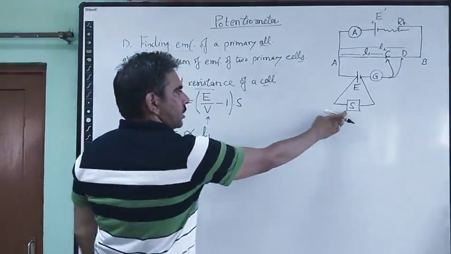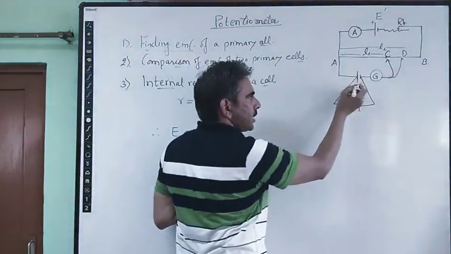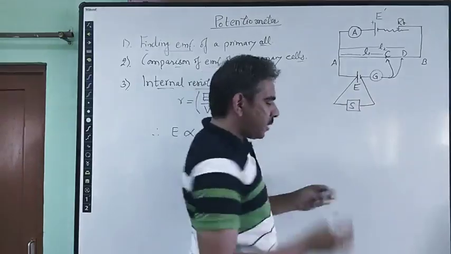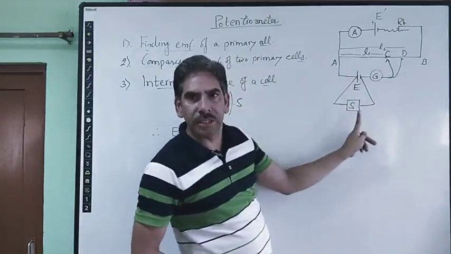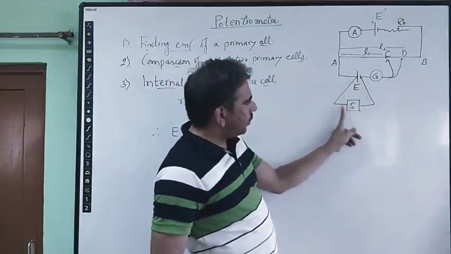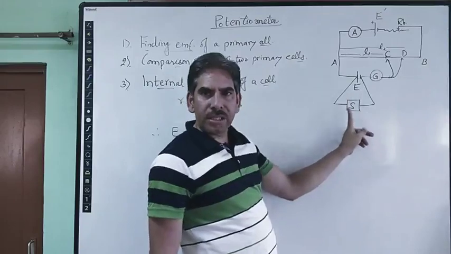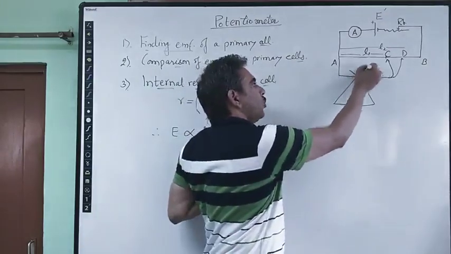By introducing some resistance from here, it is now drawing some current from the cell. That means this cell is now being used in the circuit. Whenever the cell is being used in the circuit, what is the potential drop across the two terminals of the cell?